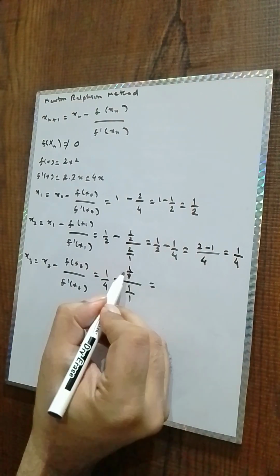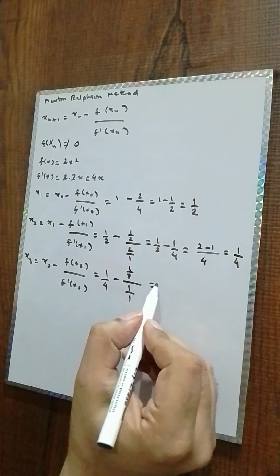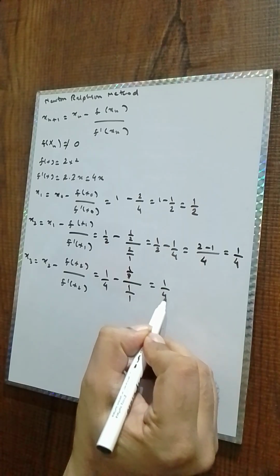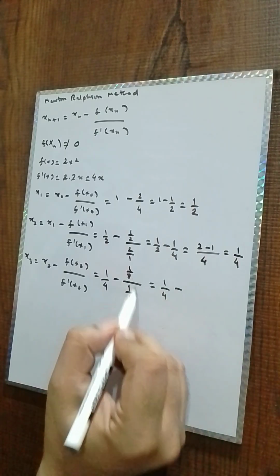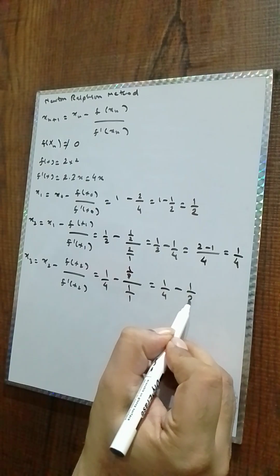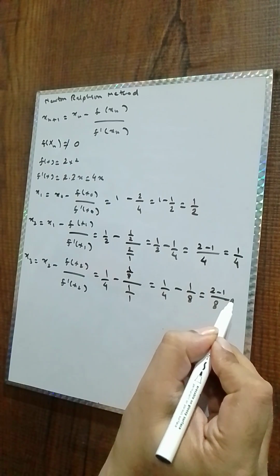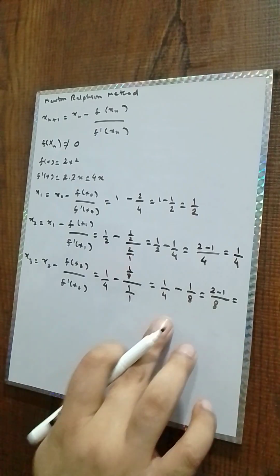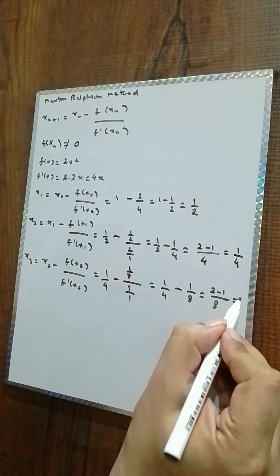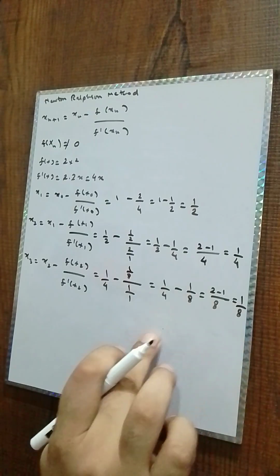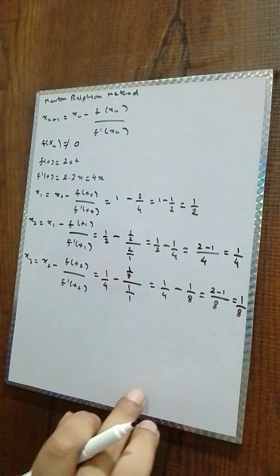It's 1 by 1. Okay, so we have this form. It says 1 by 4 minus 1 by 8, and now we have the LCM 8, and it says 2 minus 1 by 8, which becomes 1 by 8 in the end. So this iteration gives us 1 by 8.